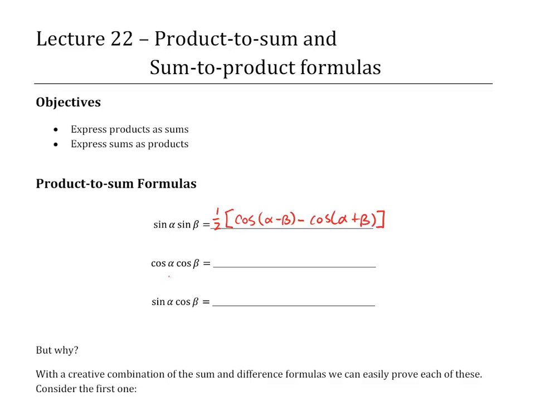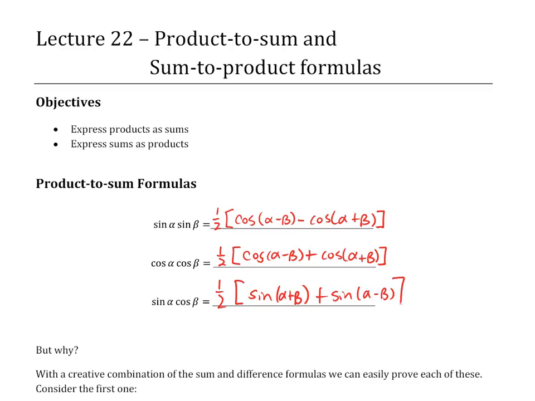The product of two cosines, that is cosine of alpha times cosine of beta, is always the same thing as 1/2 cosine of alpha minus beta plus cosine of alpha plus beta. And then lastly, sine of an angle times cosine of an angle is equal to 1/2 of sine of alpha plus beta plus sine of alpha minus beta.